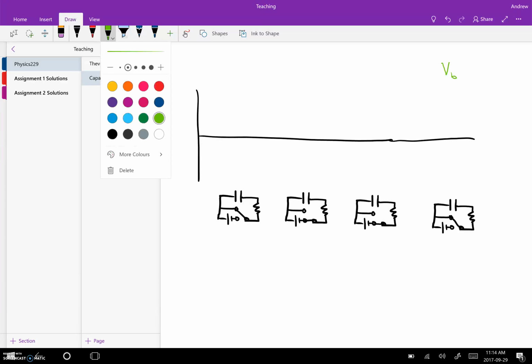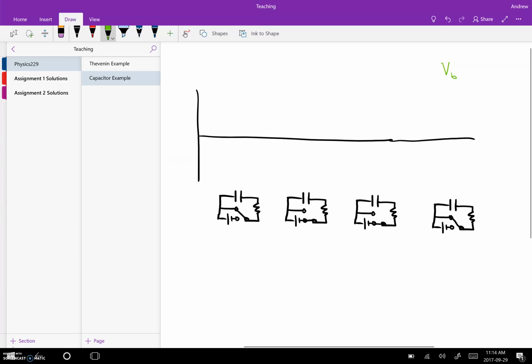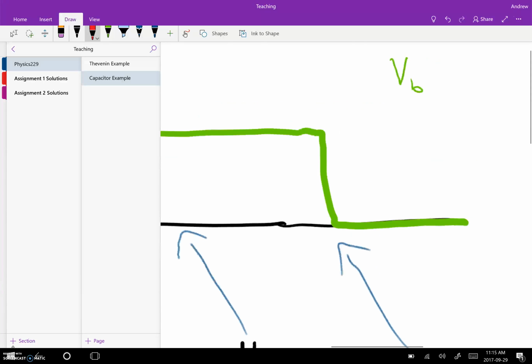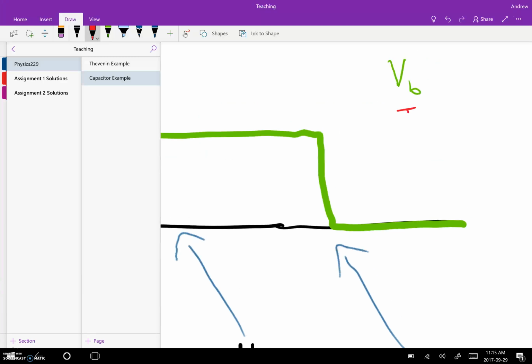What's that going to look like? Well, it'll be sitting there doing nothing. At some point, we will turn it on, let it charge, and then turn it back off. And this corresponds to the following situations. Right here we turn it on, here we're letting it charge, and here we turn it back off. So we can look at what's going to happen in each of these situations.